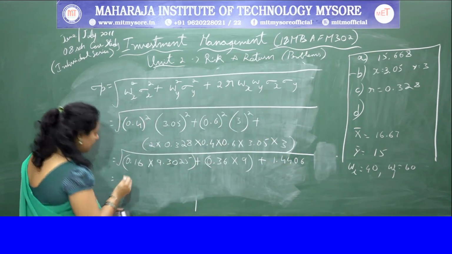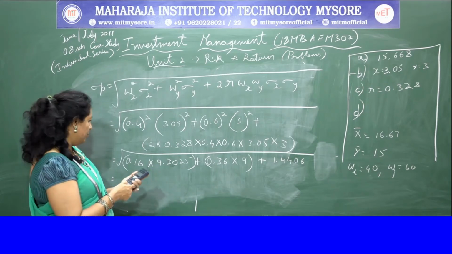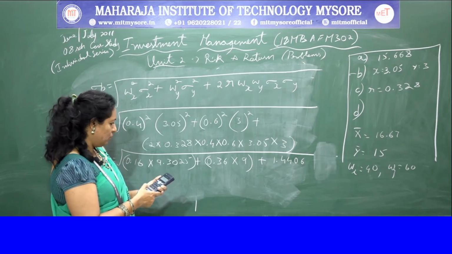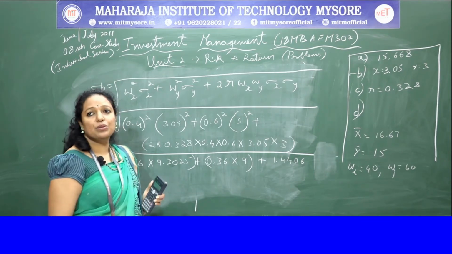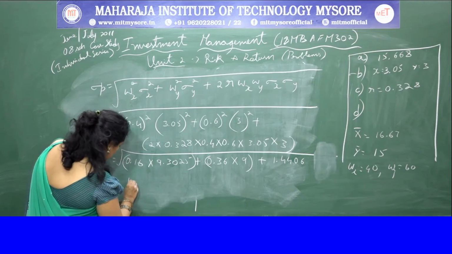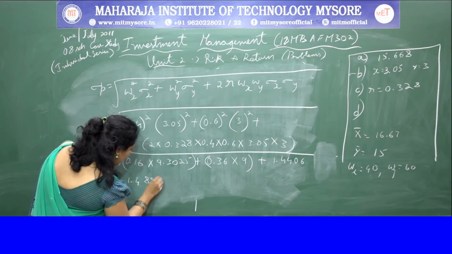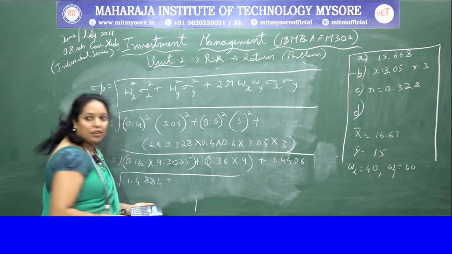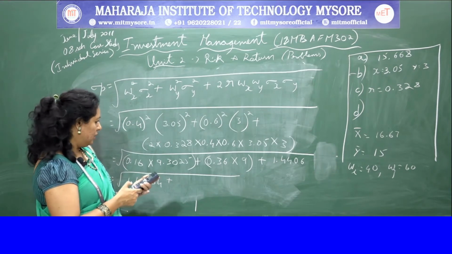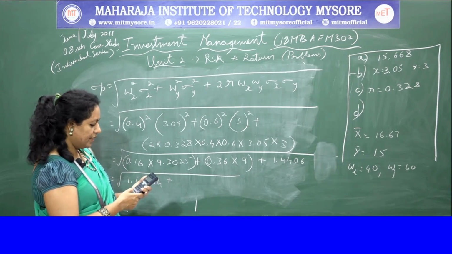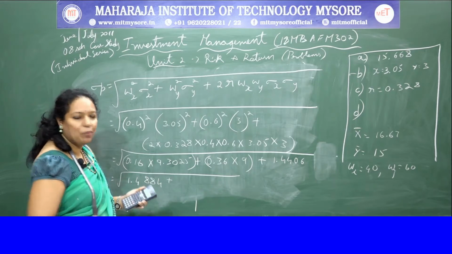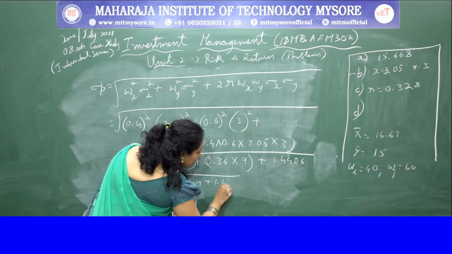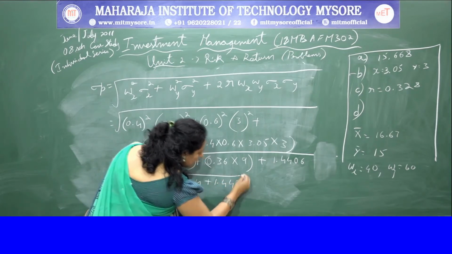Then, further simplifying, let's multiply these components. 0.16 into 9.3025, you get 1.4884, plus 0.36 into 9, we get 3.24, plus 1.4406.